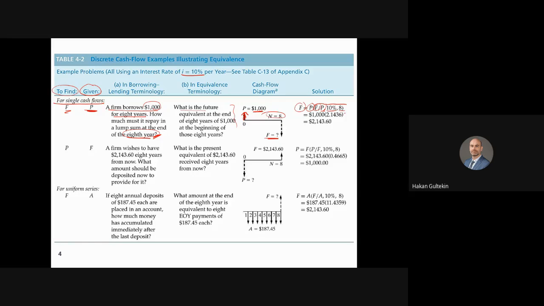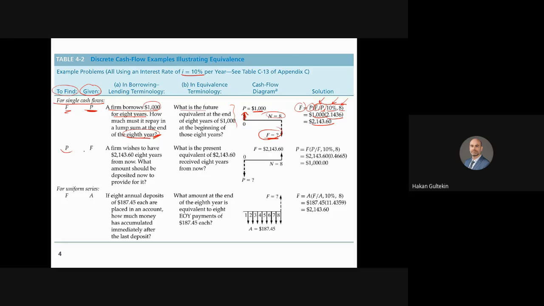And you can just go to the tables in your book to look for this value. First, you need to find the table with 10%. Then you need to find the row for the 8th period. Then you should look at this F given P, and you will find that the factor is 2.1436. And simply when you multiply this 1,000, you find the future equivalent.